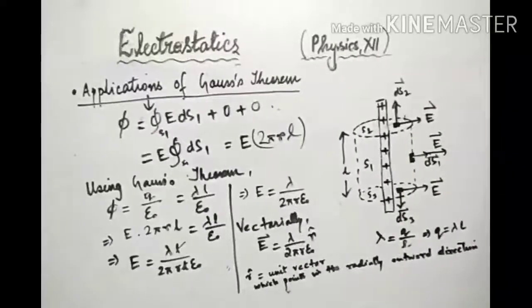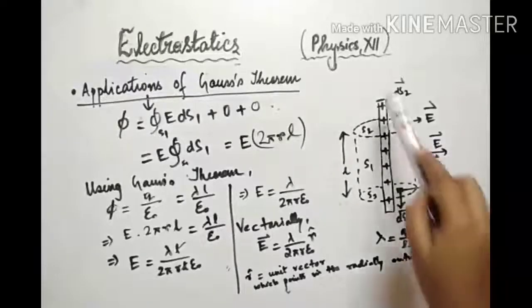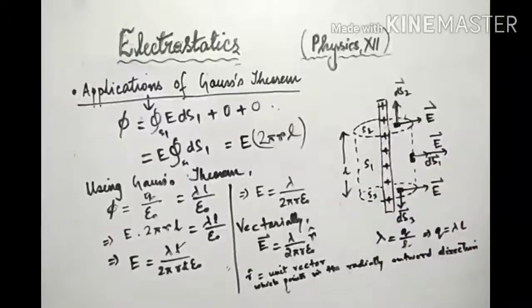Okay, so this was our first application of Gauss's theorem, where we found out the electric field as lambda by 2 pi R epsilon naught, where lambda is the uniform linear charge density, that is the linear charge density of this line of charge.